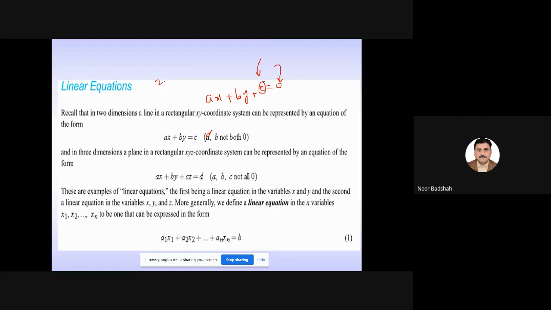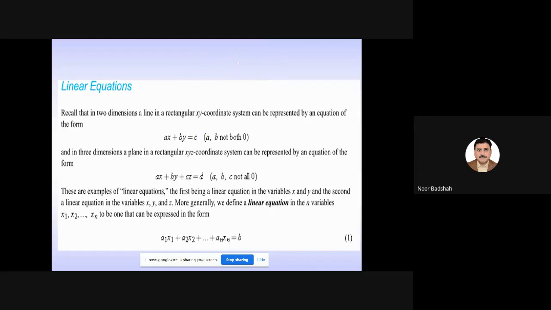For example, we say 2x plus 3y minus 4 is equal to 0. So it is non-homogeneous because we are having a constant term here, 4. And if you have 2x plus 3y is equal to 0, this is a homogeneous equation because there is no constant term involved in it.